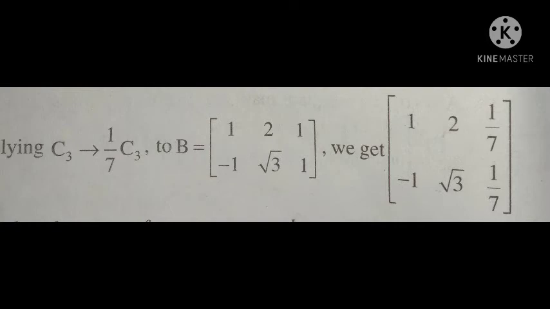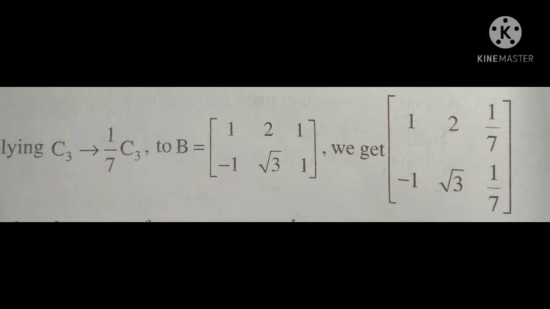See this example. We have a matrix B: 1, 2, 1, minus 1, root 3, 1. Look at the third column. Actually, the third column is 1, 1 in the given matrix B. So, I am going to multiply this third column by a scalar 1 by 7. Look, there is a symbol C3 gives 1 by 7 C3. That is C3 is changed to 1 by 7 C3.